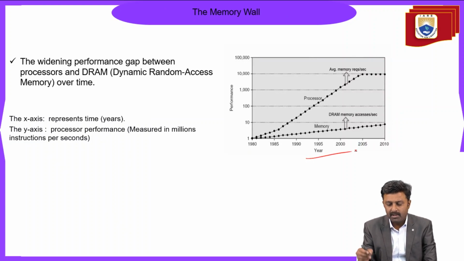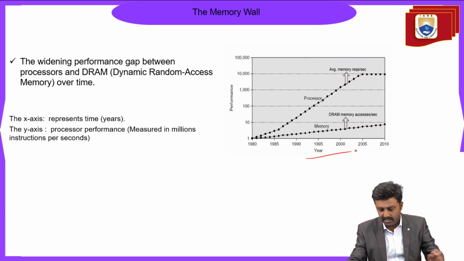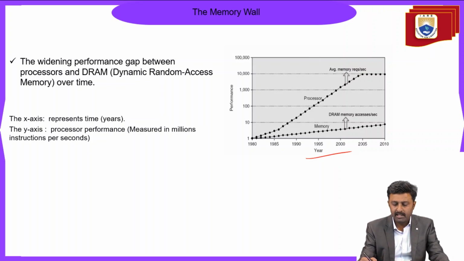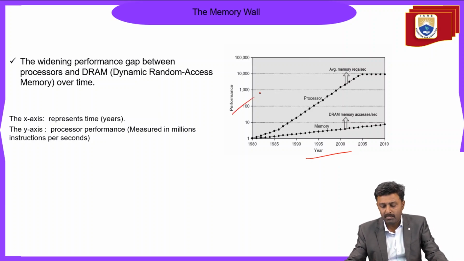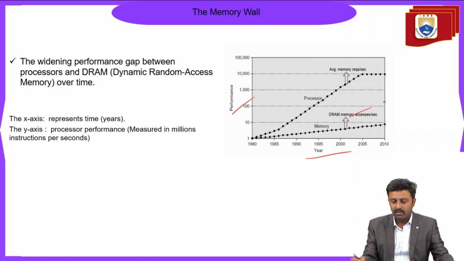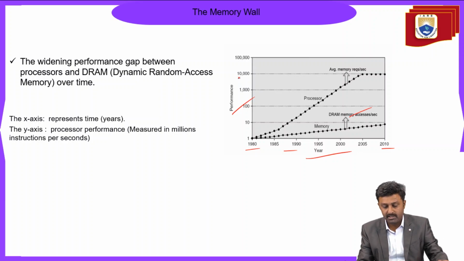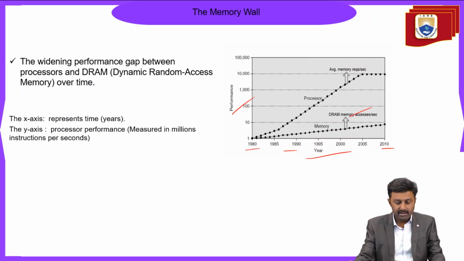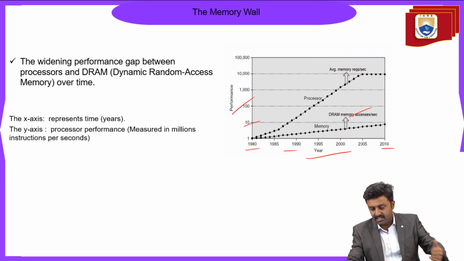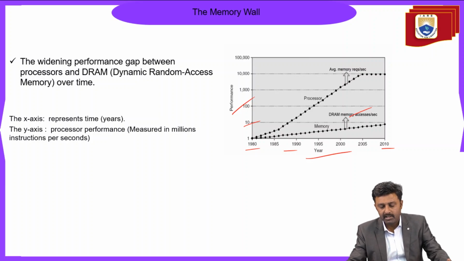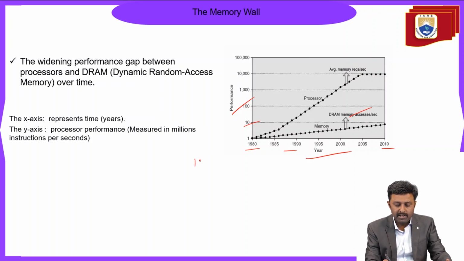In this figure we can see that because of this, there is a difference in the performance of the processor and the DRAM. On the x-axis the years are taken from 1980 to 2010, and on the y-axis the performance for different processors is calculated, measured in millions of instructions executed per second.